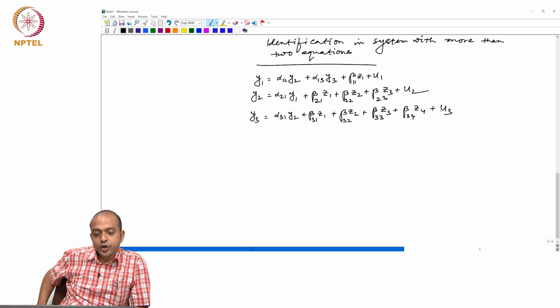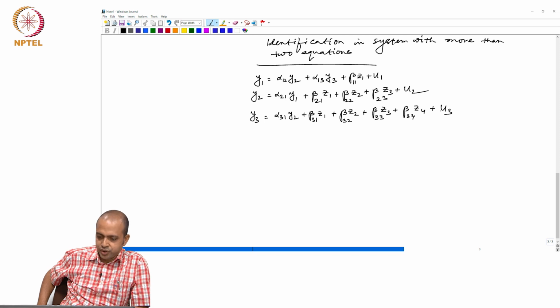You have 2 endogenous variables, y2 and y3. And how many variables are excluded? We have z2, z3 and z4. So, we have 2 endogenous variables, but 3 excluded exogenous variables. So, first equation is identified.